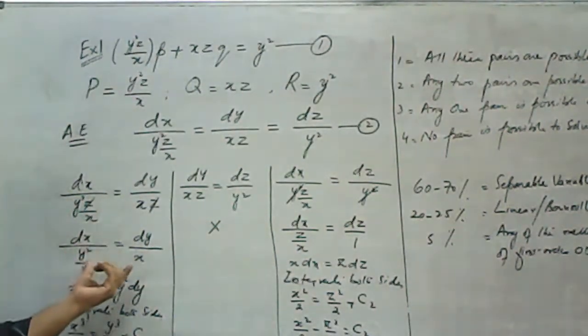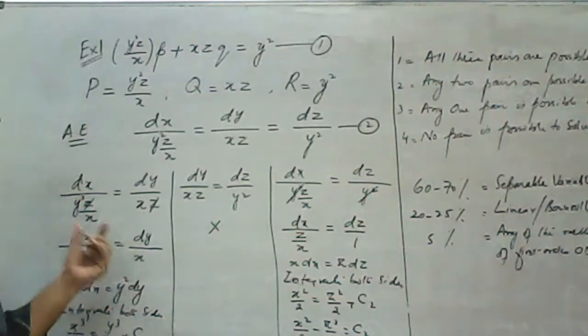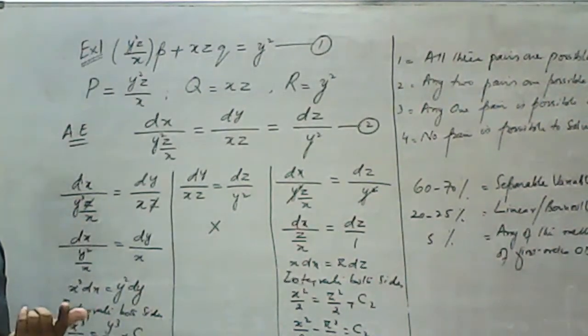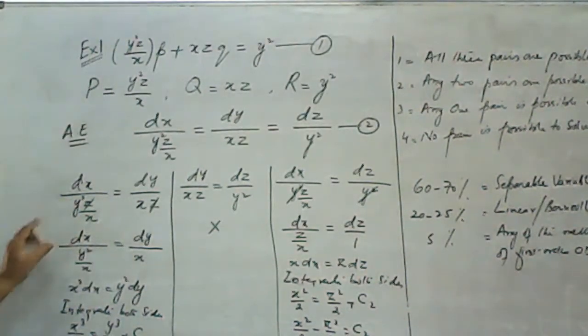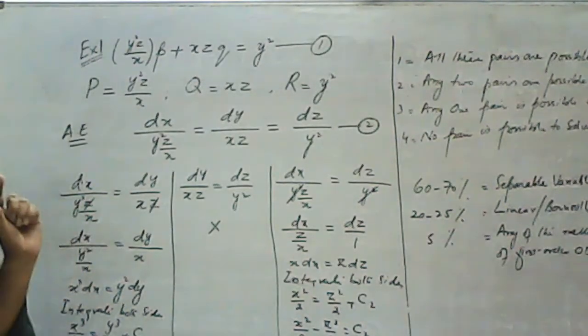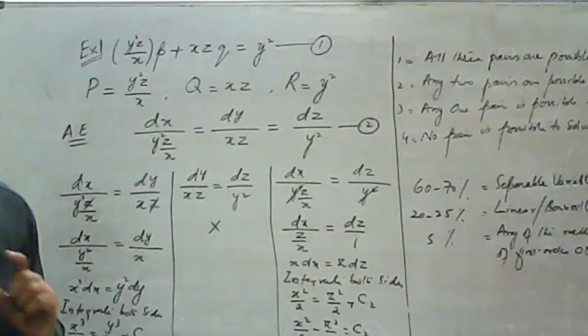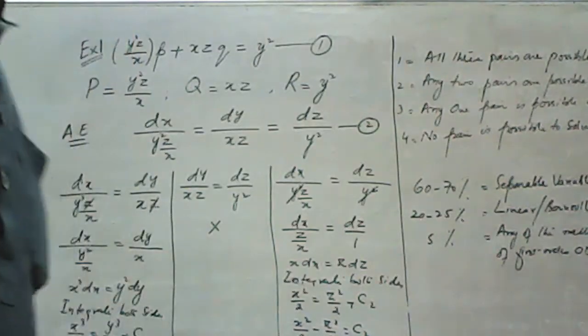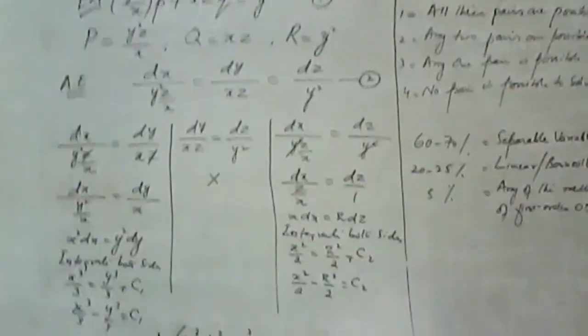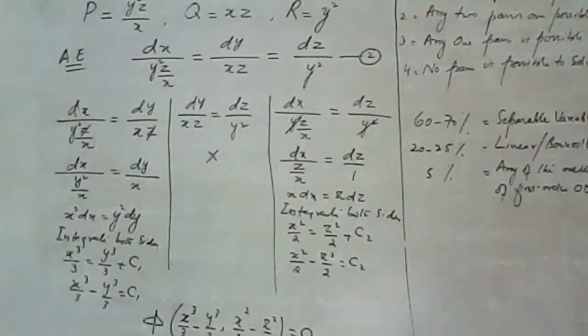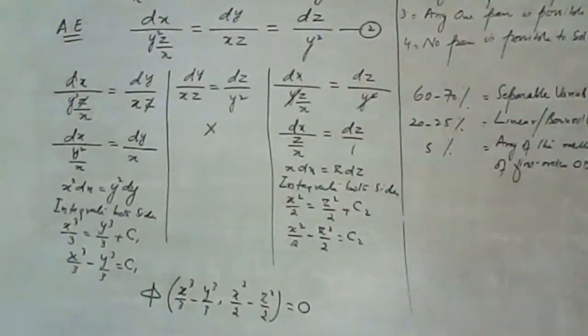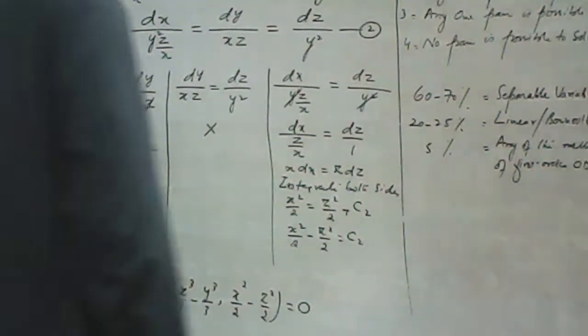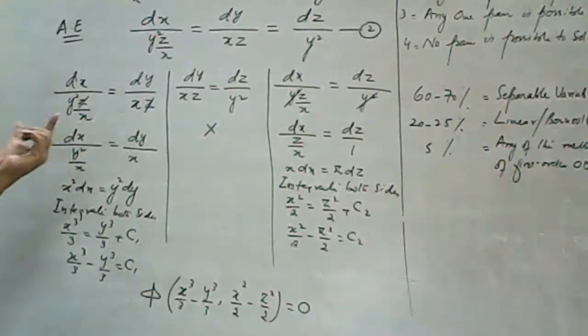Now the most important thing is to check which pairs are solvable. The simplest way to check whether a pair is solvable or not is to look at the numerators. If a variable is missing from the numerator, we also do not need that variable in the denominator.